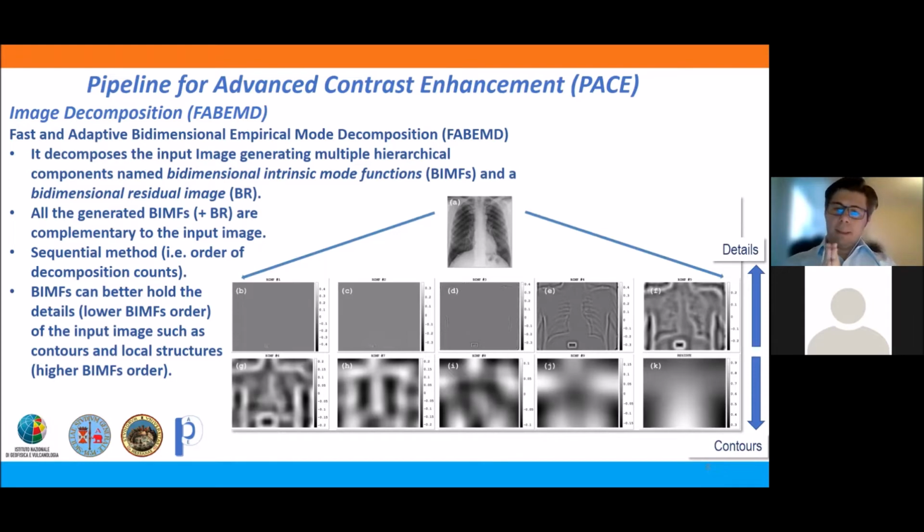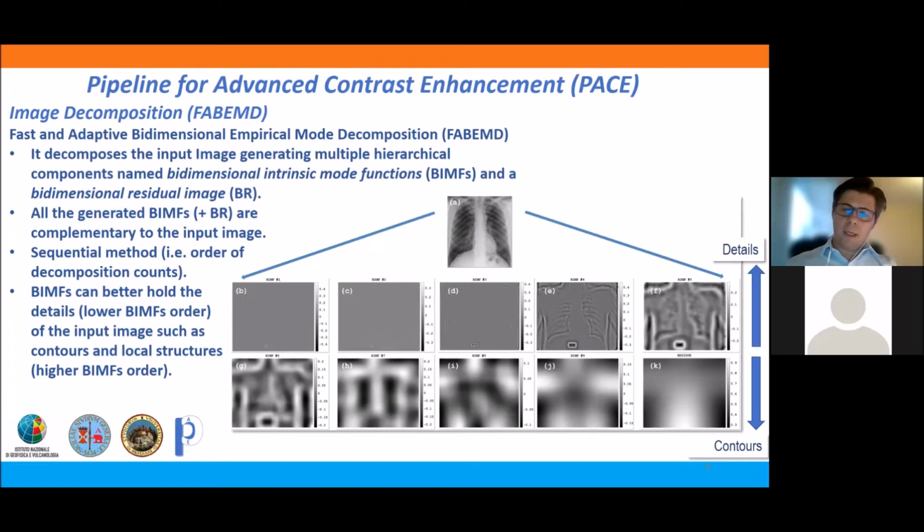The nice part of this methodology is that it is a sequential method, which means that the order in which each of these components is extracted from the original image matters. So, for example, low order components bring noise, but also very tiny details of the image.